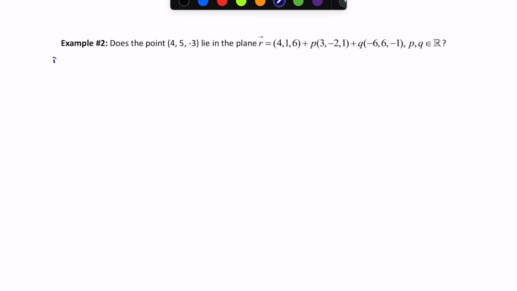So the first step we want to do is find the parametric equations. And then number 2 is you want to sub in the points and determine the parameters.